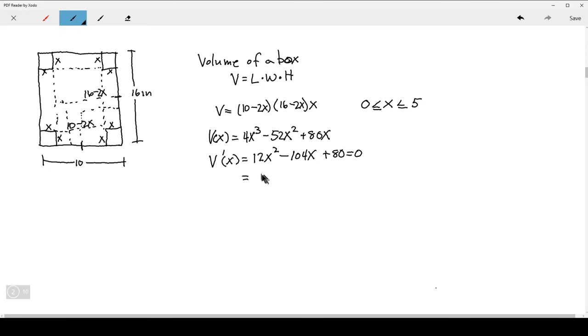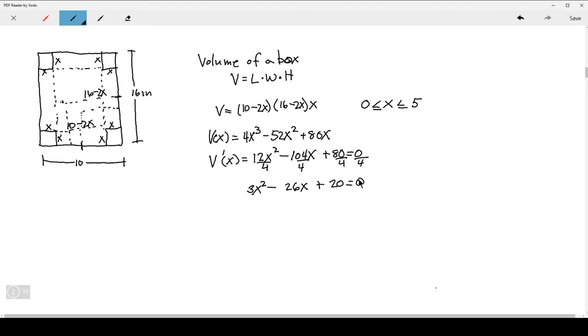If I divide everything by 4, I'm going to have 3x squared minus 26x plus 20 equals 0.